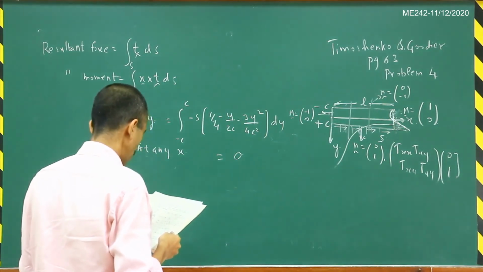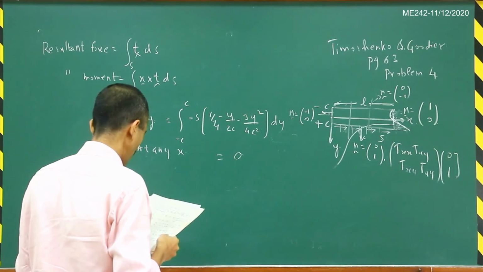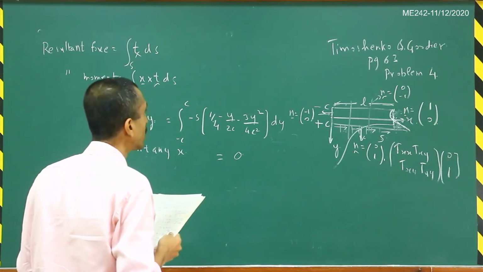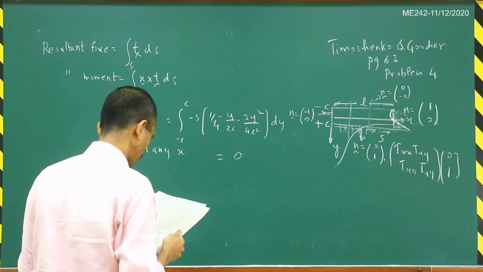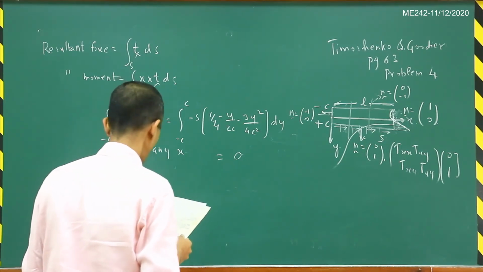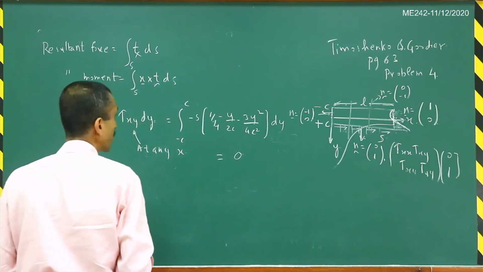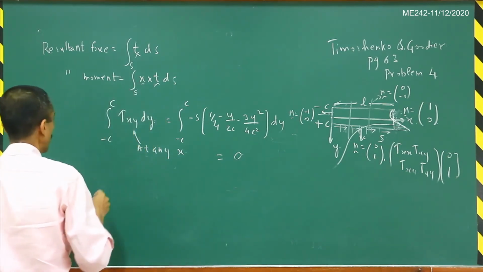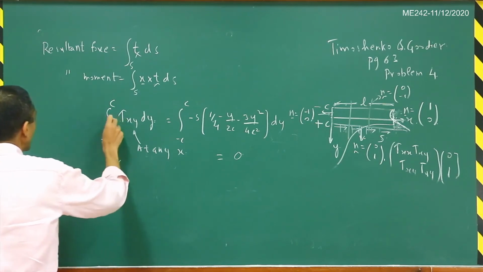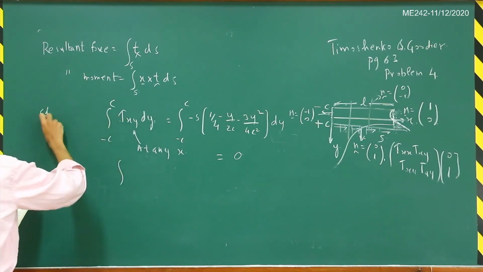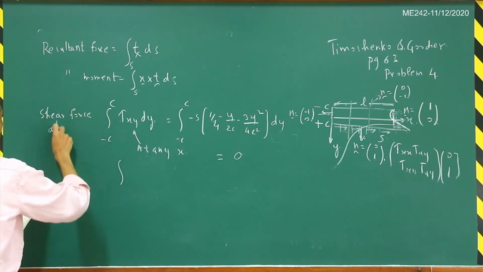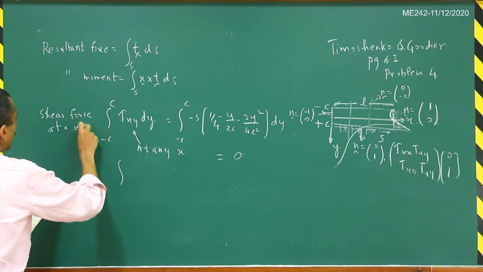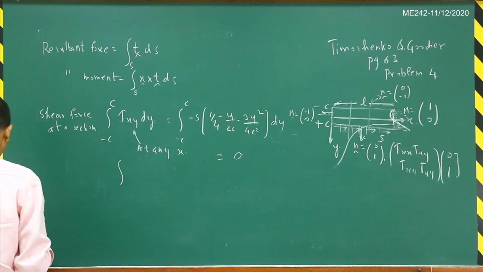Right? Okay, so fine. Then what about the axial force? So this is the shearing force at a section, and let us calculate the axial force at that section also.